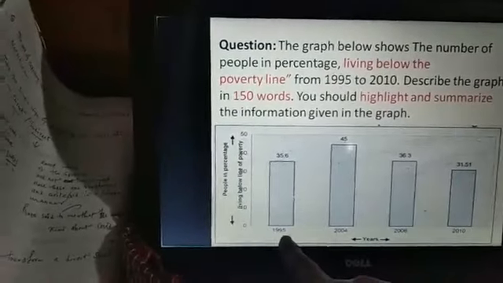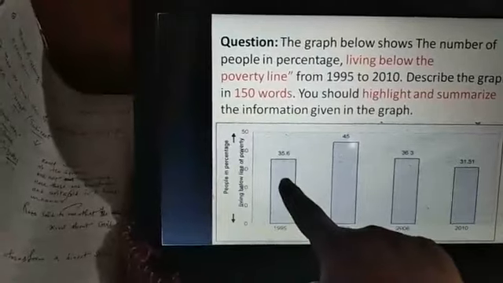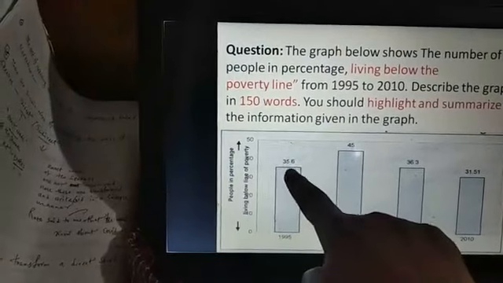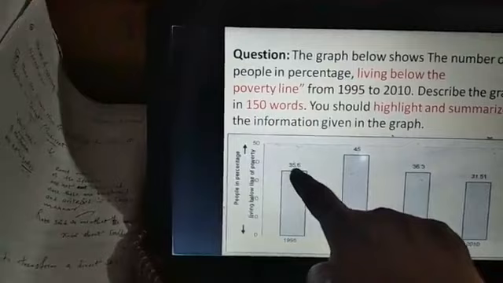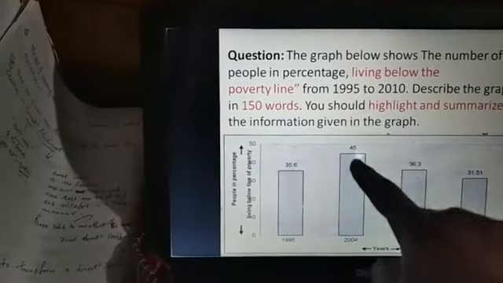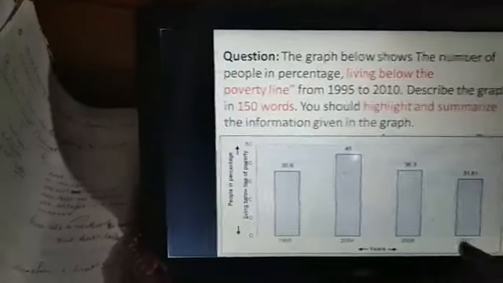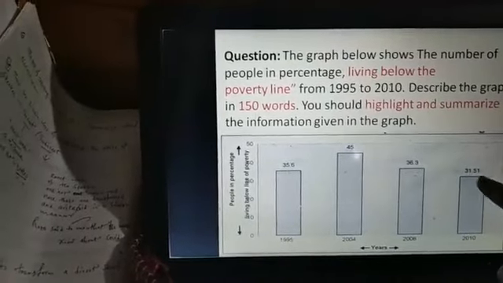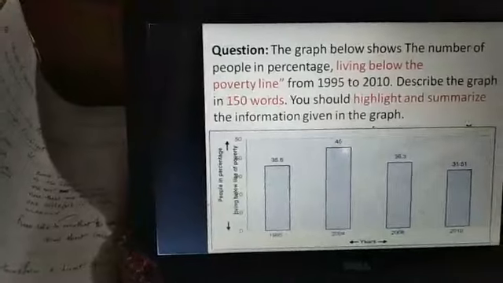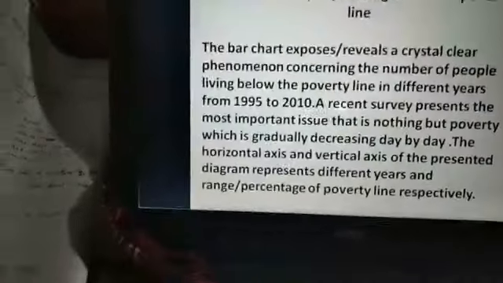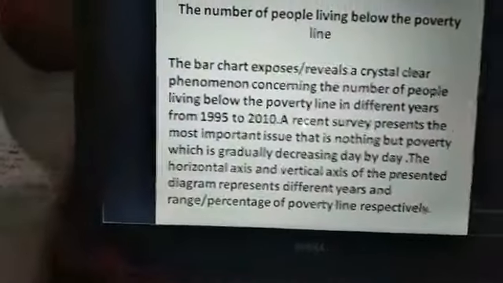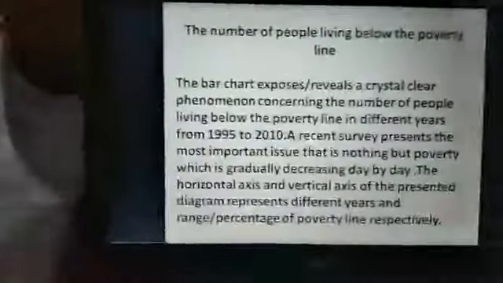In 1995 the people living below the poverty line is 35.6%. In 2004, 45%. In 2008, 36.3%. In 2010, 31.51%.